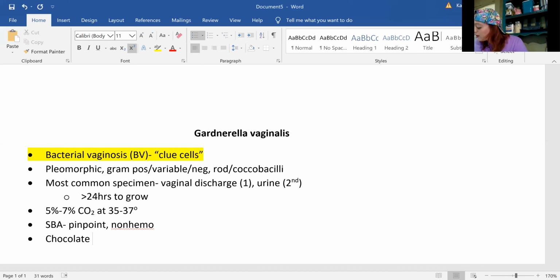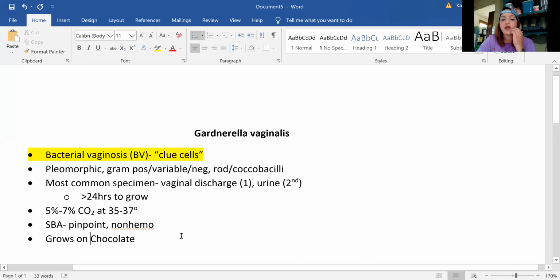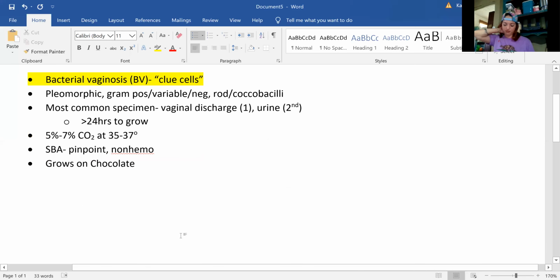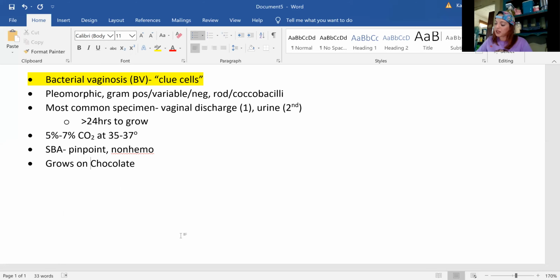So then it grows on chocolate agar. Does everything grow on chocolate agar? If you forget, you can always go to page 140 in the purple and yellow book, which has your different kinds of media. Not everything.